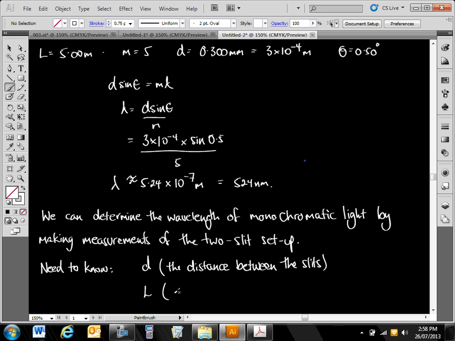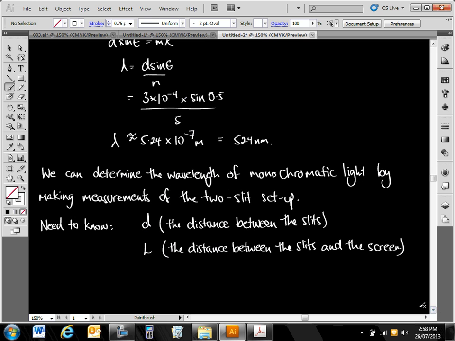L, the distance between the slits and the screen. And you need to know this, the fringe separation.